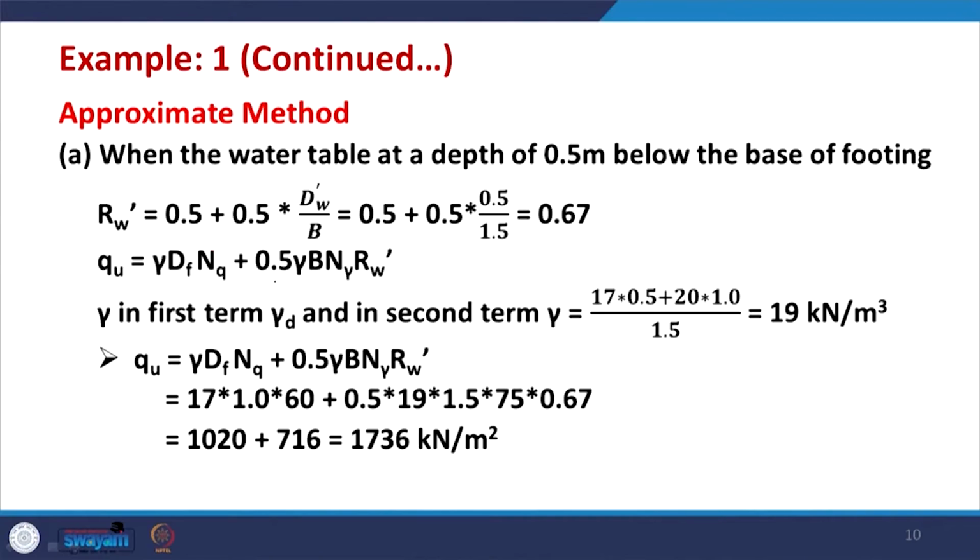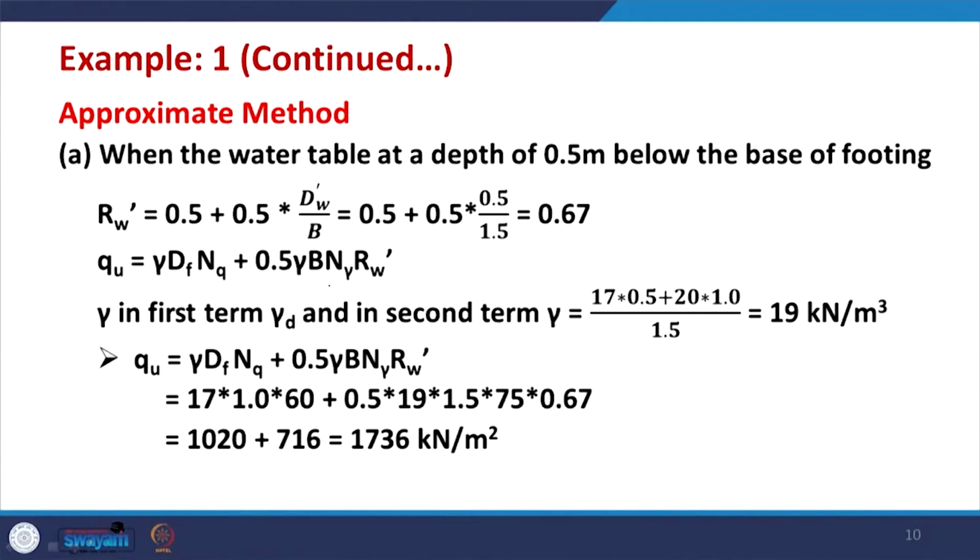But one important issue in this equation: only the second term will get affected now, so the value of gamma can neither be gamma submerged nor gamma saturated. Rather, you need to calculate the value of gamma depending on the location of the water table, as an average value between gamma dry and gamma saturated.